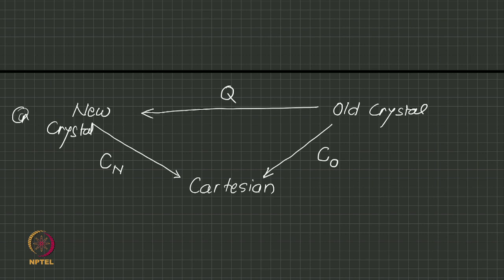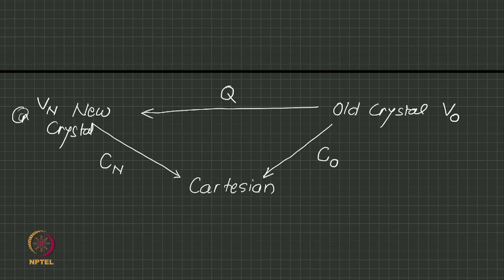Let us call the volume of the old unit cell V old and the volume of the new unit cell V new. Old crystal and new crystal is a wrong phrasing, since the crystal is the same; it is the old basis or old unit cell.